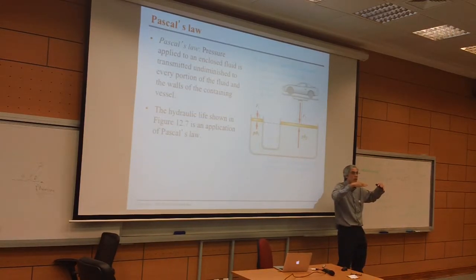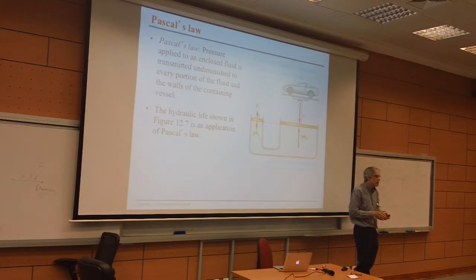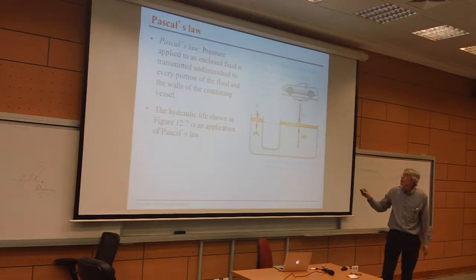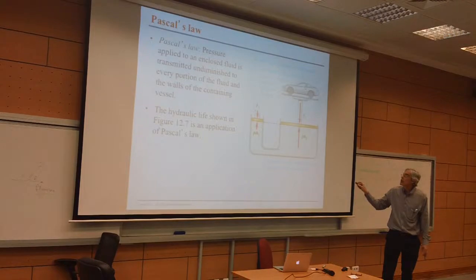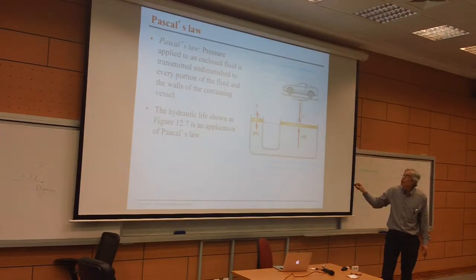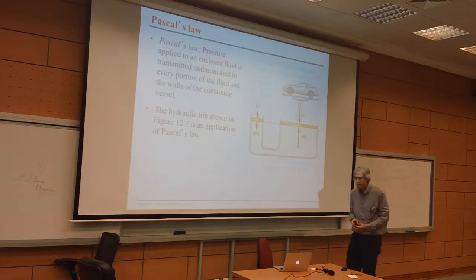So we actually have a larger force. But we can take advantage of that in an instrument like a hydraulic lift. Because the pressure is the same on this area as it is on this area, if the area here is small, the force will be small, and if the area here is big, the force will be big. Okay?